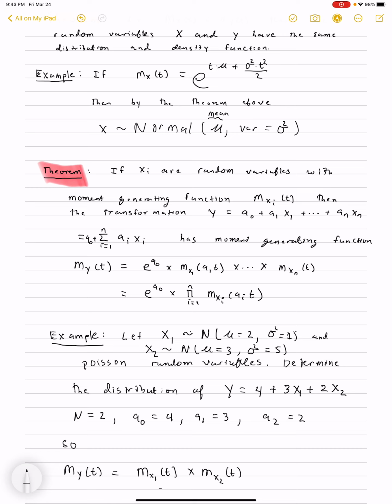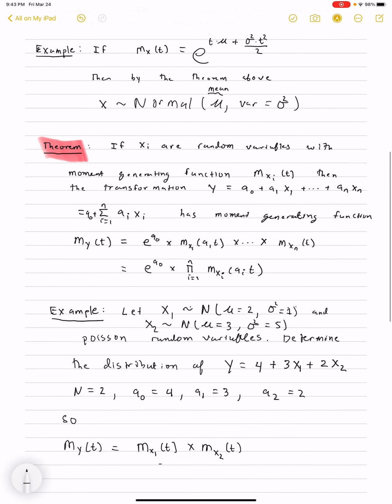One more piece of information is we could write down the moment generating functions of each, and it's going to have exactly that form, e to the t times mu plus sigma squared times t squared over 2. So let's take this a step further and write that information down.